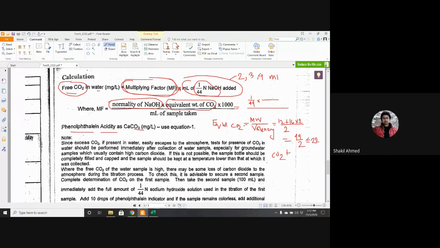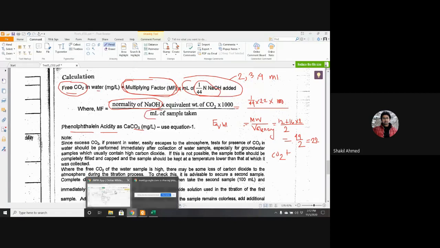Yes, sir. So 22 into 1000. We are converting milliliter to liter, and divided by milliliter of sample.